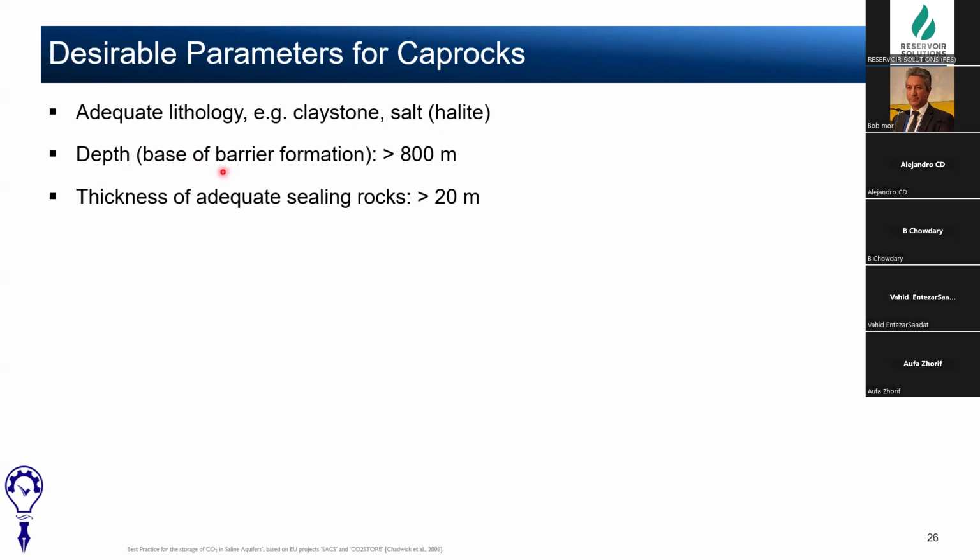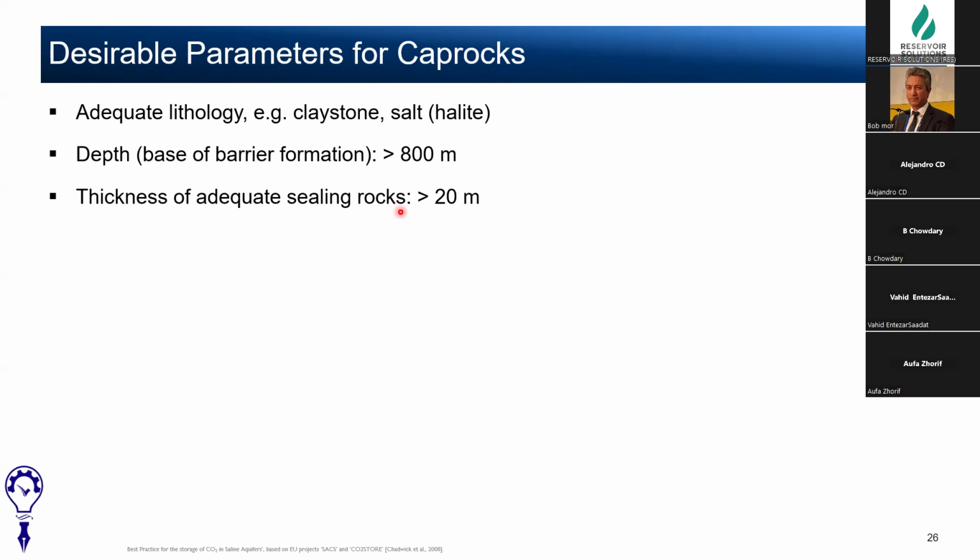The depth based on barrier formation should be higher than 800 meters. Thickness should be more than 20 meters, and as I mentioned, very low permeability that could prevent CO2 from migrating and finding a pathway to pass through the caprock. Caprock should seal the CO2 and permanently store it there.